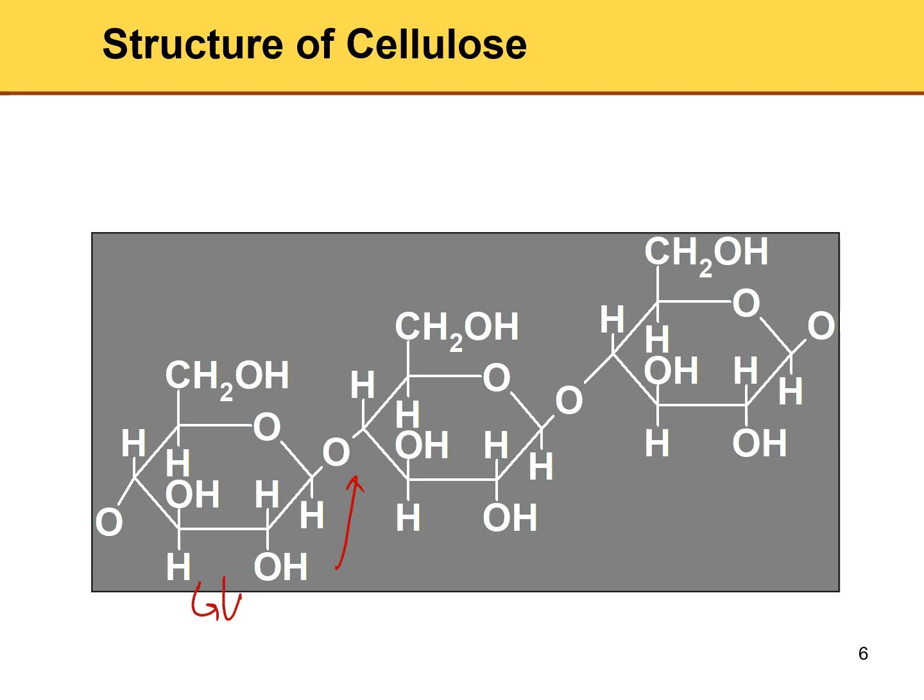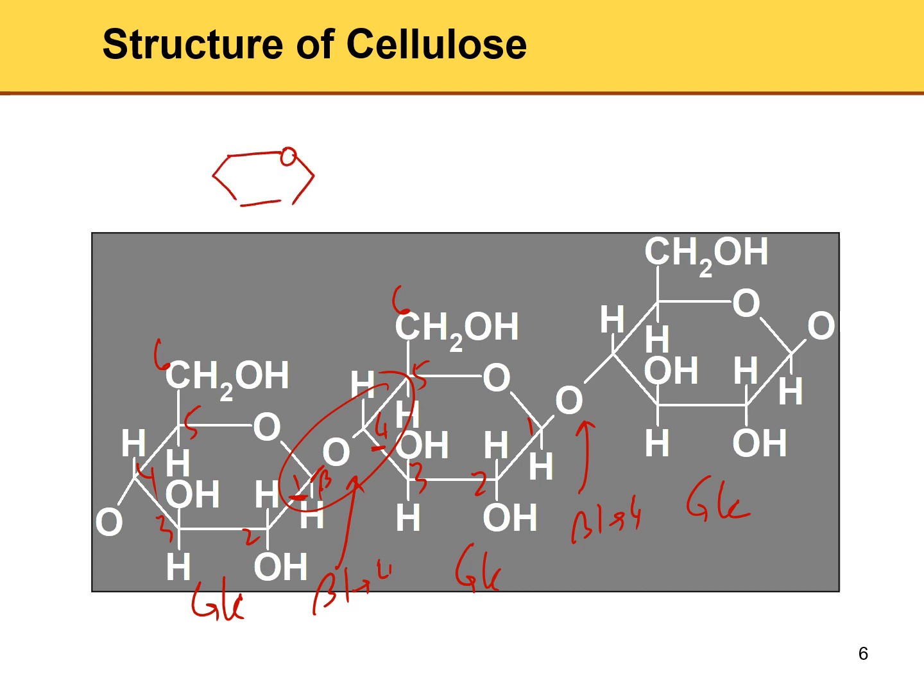The structure of cellulose is shown here. This is a glucose subunit, glucose and glucose, and these bonds are beta 1,4 linkages, 6, 5, 4, 3, 2, 1, 6, 5, 4, 3, 2, 1. If you look at this part here, it's always going up, that's why it's a beta, and it joins carbon number 1 and number 4. You can draw it like that, or another way you can draw it, I'll show you.